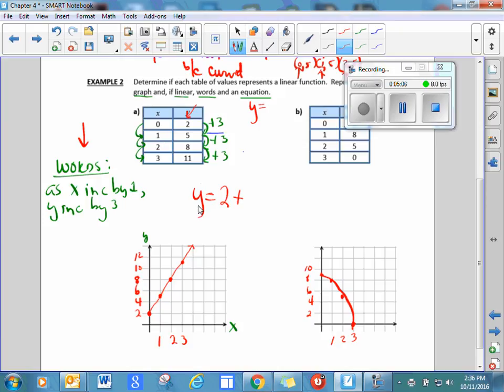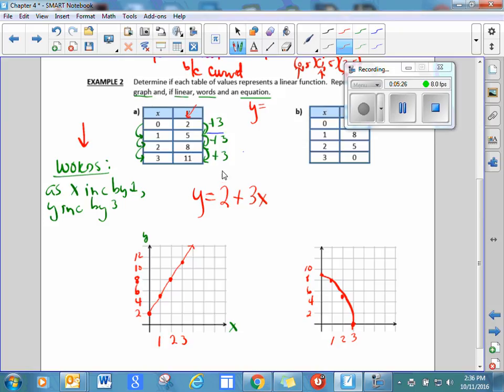So the equation would say y equals 2 plus 3 times x. And you can satisfy yourself that this is correct by plugging in 1 for x. Do you get 5? 2 plus 3, yeah. 2 for x, 2 plus 6, 8, and so forth and so forth.